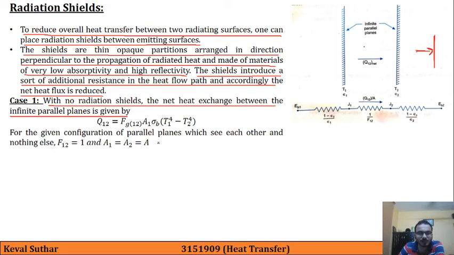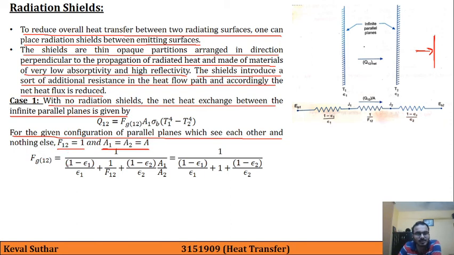And for convenience, for the given configuration of parallel planes which see each other and nothing else, F12 will be equal to 1, and the area is equal.